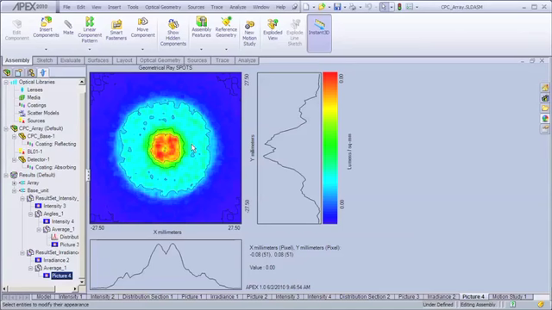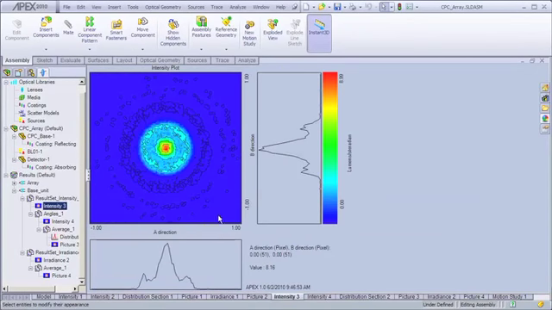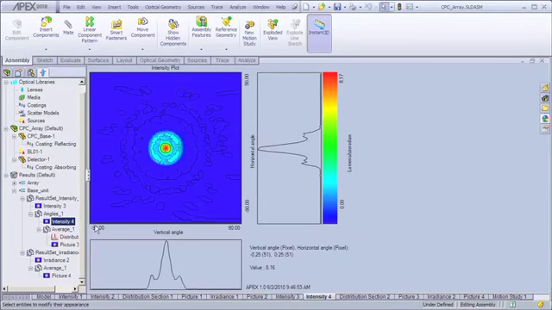The other information we want to look at is the angular information. So now this is looking at the intensity in a direction cosine space. For those of us who deal better with angles, this is in an angular space, and we can see we're going from minus 90 to plus 90 degrees. And we can move our cursor around to get an idea of what the angular spread is at different cross sections across our energy distribution.